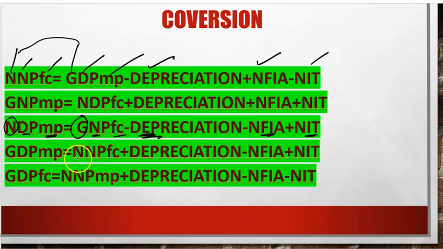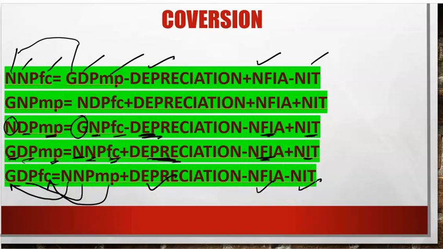Coming to the second last part, net to gross, small to big plus depreciation, national to domestic, big to small minus NFIA, and small to big again plus NIT. The last one is again very easy. Net to gross, small to big plus depreciation, national to domestic big to small minus NFIA, and again big to small, MP to FC is minus NIT.